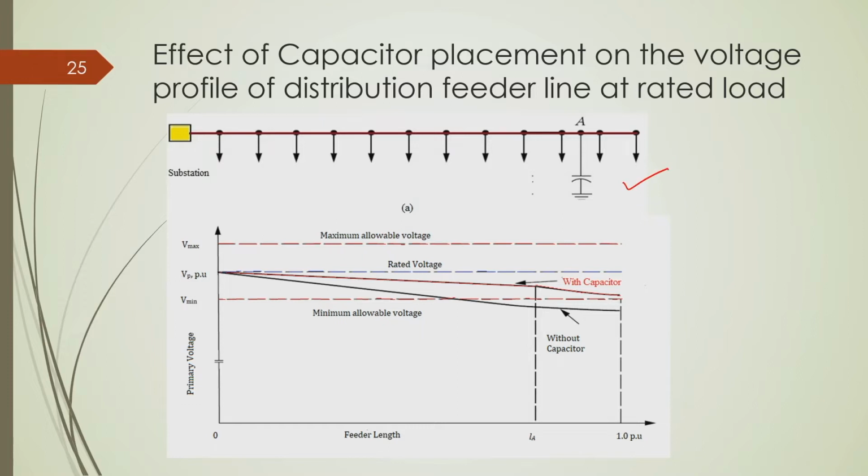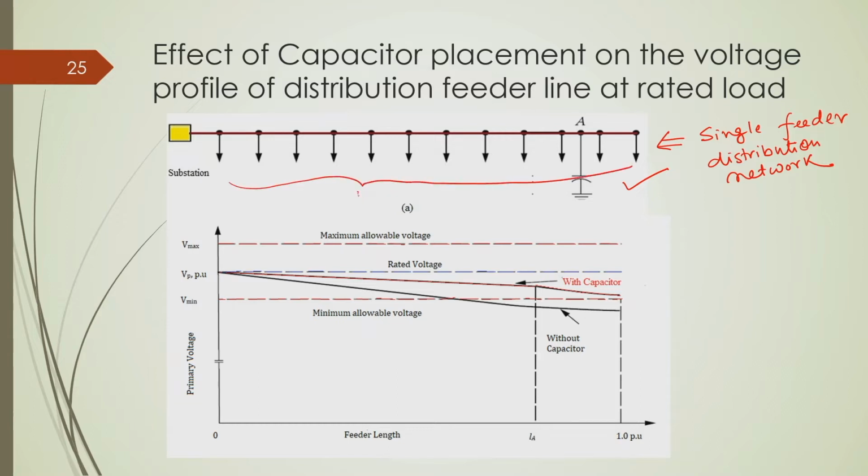We have a typical single feeder distribution network, and these arrows are showing, as usual, the loads of that particular feeder, and these are the different nodes where one particular load is located.